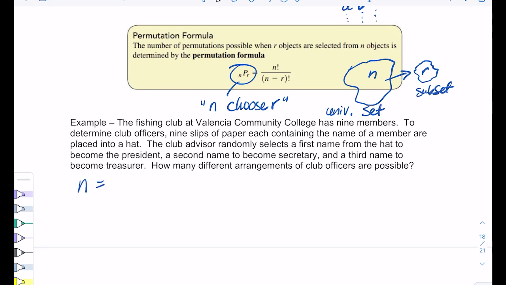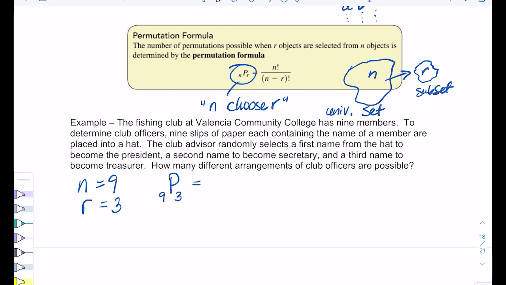In total, we've got 9 slips of paper, each representing a different name. And it says the club advisor randomly selects a first name, a second name, and a third name. So they're selecting R objects, 3 objects. Remember, R will always be smaller than N. So I'm looking for the permutation of 9 choose 3.